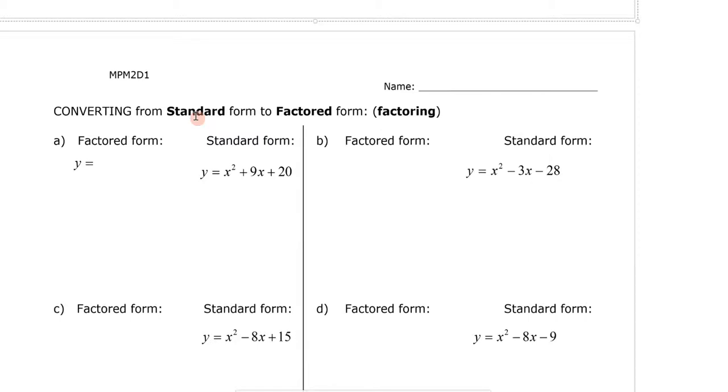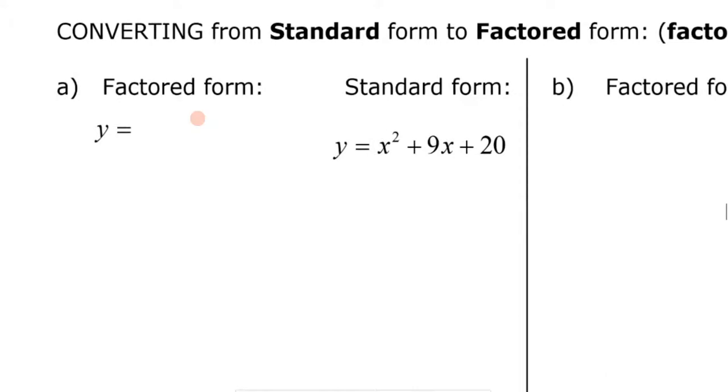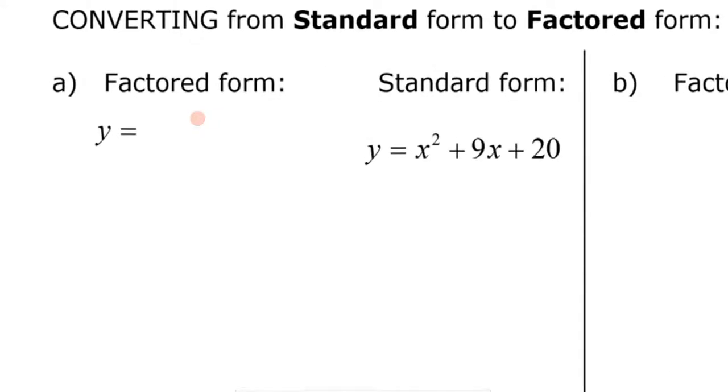Okay, so how do we go from standard form to factored form? Let's start with our first example. I'm going to write a little note here for ourselves, because we've discovered that pattern.